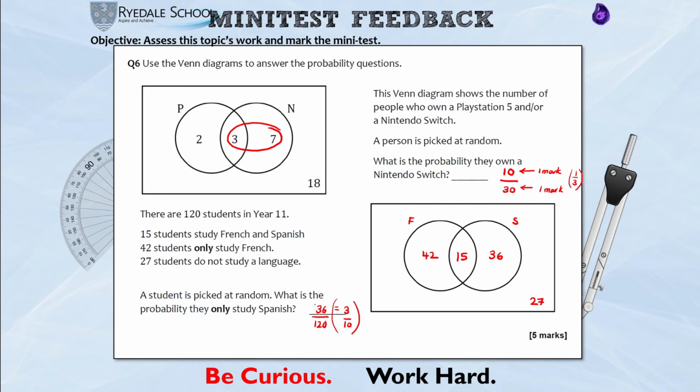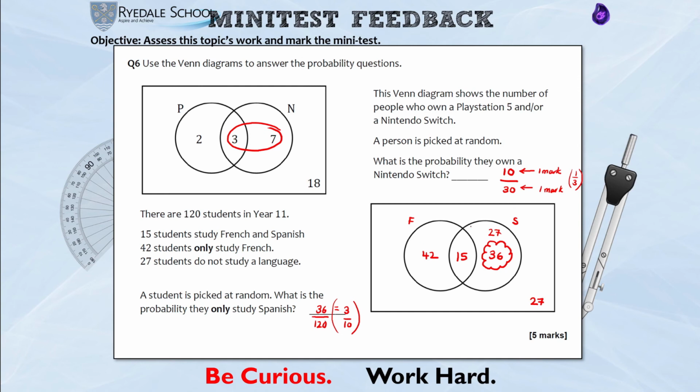And finally, for this answer here, I'm going to accept a mistake mark. So whatever number you have here over 120 is going to be correct. So if I'd accidentally put the number 27 here, and I put for my answer 27 over 120, I would get that mark.